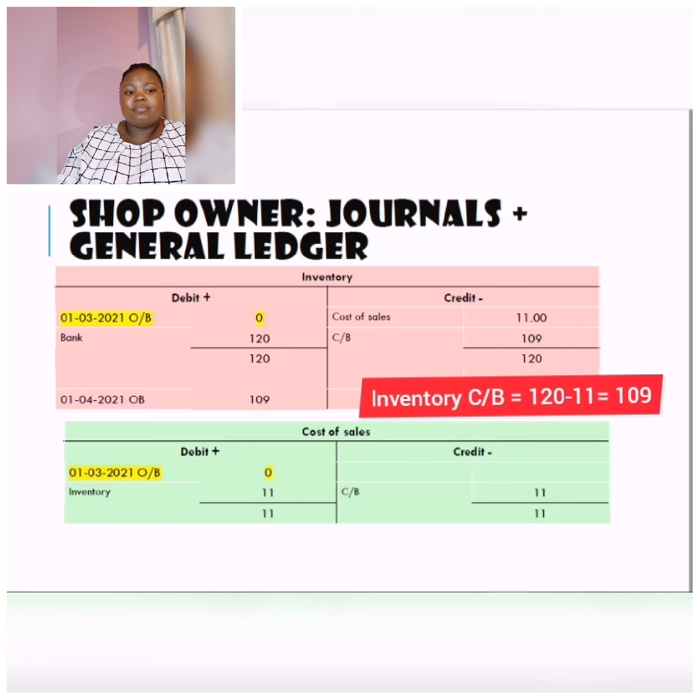When you bought your inventory, it will decrease your bank balance because you are spending money. If you had 100 rand and then you decide to buy chips for maybe 20 rand, you will be left with 80 rand. So that's why when the shop owner is buying inventory, his bank balance decreases.